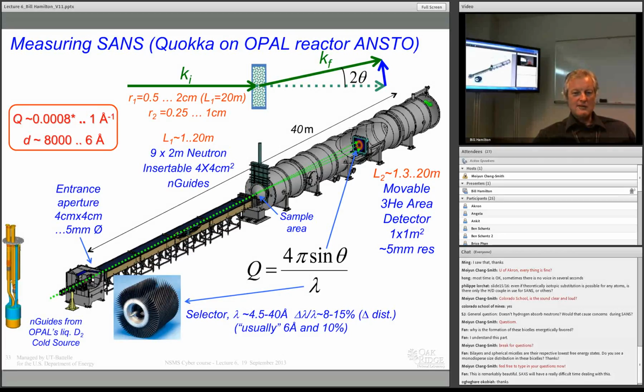And then after the long tank through which we can move a 1 meter by 1 meter detector with about 5 millimeter resolution, and using the scattering pattern on that and the scattering vectors we measure as to where the neutrons turn up on the detector versus the wavelength, we can get a scattering pattern which we can turn into a small angle neutron scattering measurement.